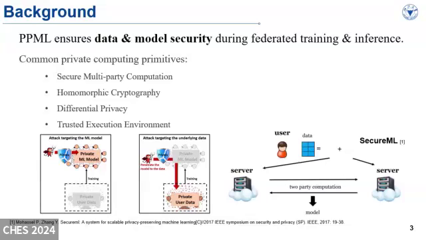In response to these challenges, privacy-preserving techniques have been developed. For example, SecureML in 2017 utilized 2 servers for training and inference in secret sharing. Common private computing primitives include secure multi-party computation, homomorphic cryptography, differential privacy, and trusted execution environment.